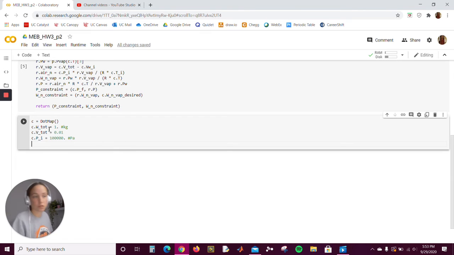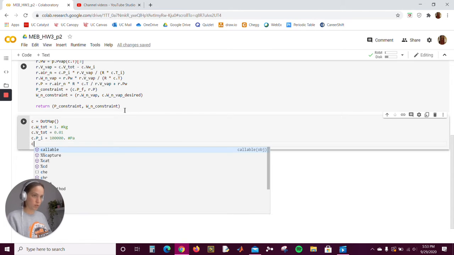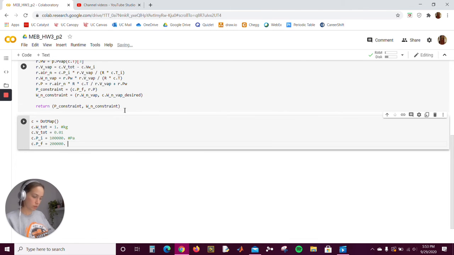And the units are unnecessary, obviously, but I'm just adding them in there. Makes it look nice. And then our final pressure, C dot final pressure, is equal to 200,000 pascals.